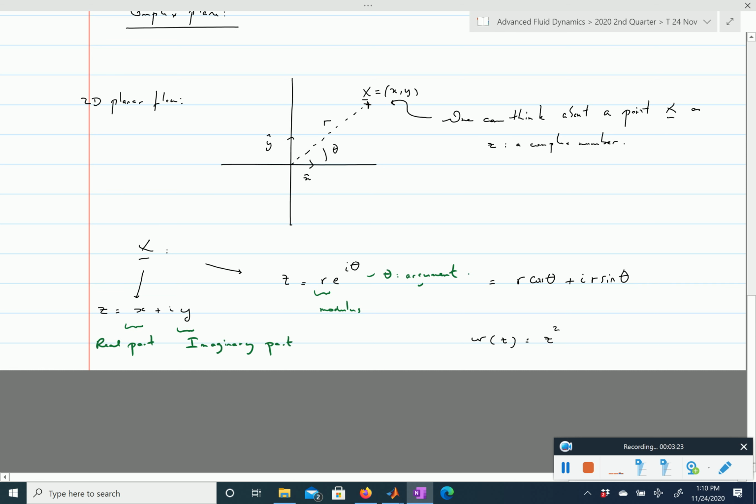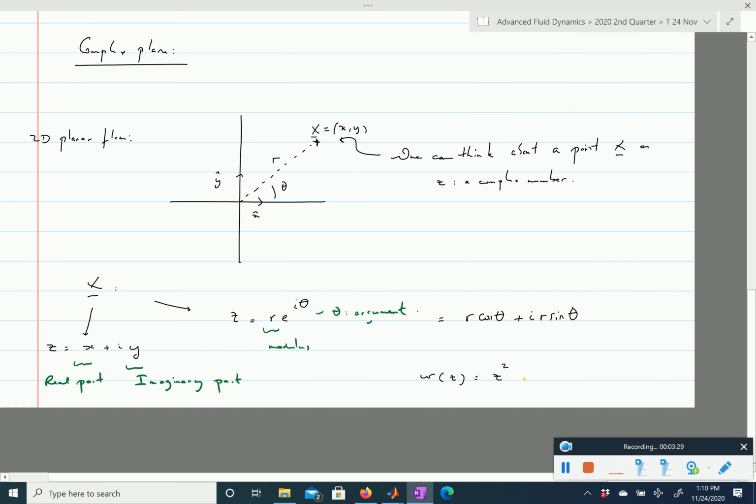You know what z squared is equal to. In terms of modulus and argument, z squared is going to be equal to r squared exponential i theta squared, right? So this is equal to r squared exponential 2i theta.